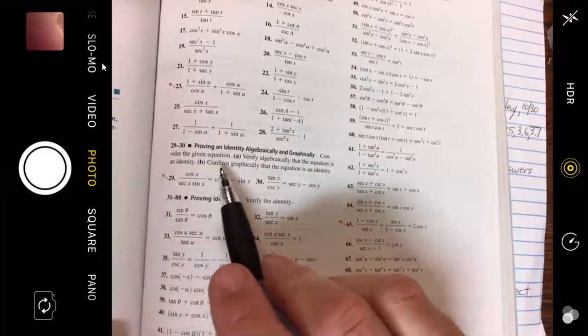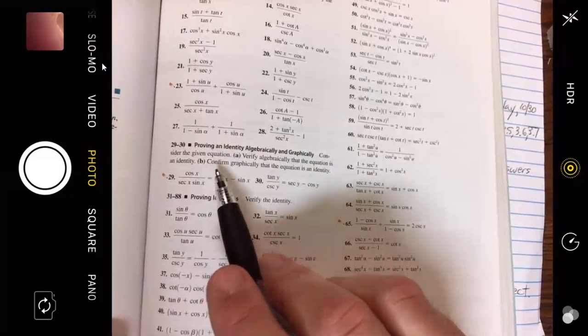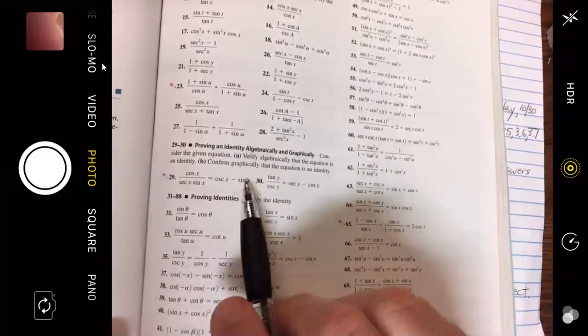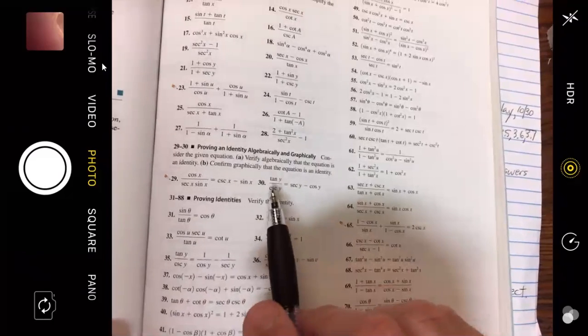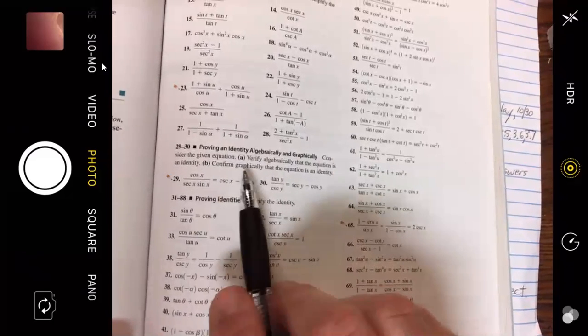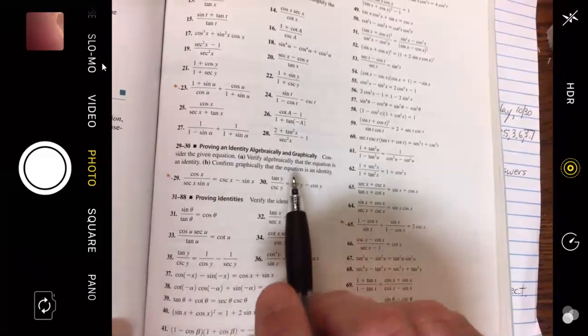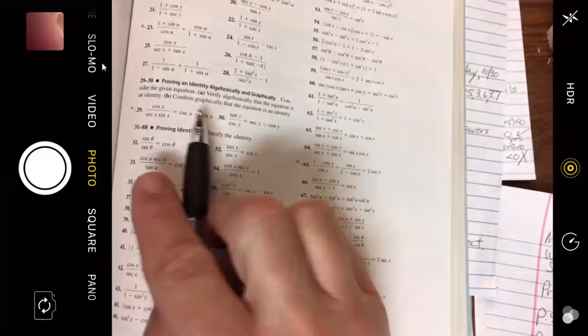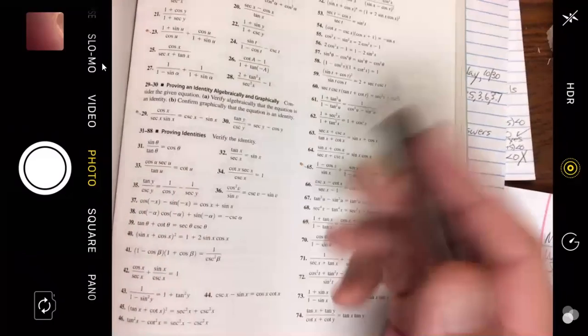That's you just said consider the identity, verify, algebraic, confirm graphically. We don't have to, that's just 29 and 30. Okay, they're just having you confirm it's an identity. Well, you don't have to worry about graphically. That's just graphing both sides. That would show that you get it.